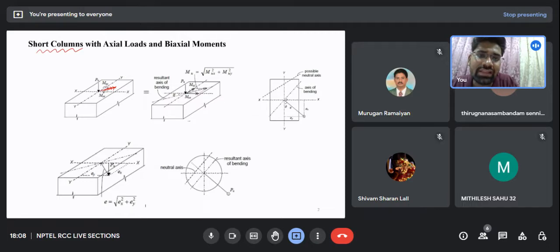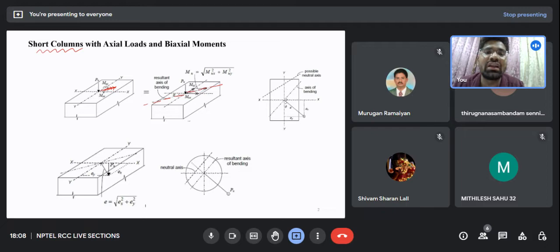So as you can see, again I can classify it as a uniaxial moment and an axial load, but since this is a rectangular section, my axis of bending would be something like this. Now this is the axis of bending. I bet you can't even imagine how difficult it would be to solve this problem by taking this resultant moment as the uniaxial moment and the axial load.